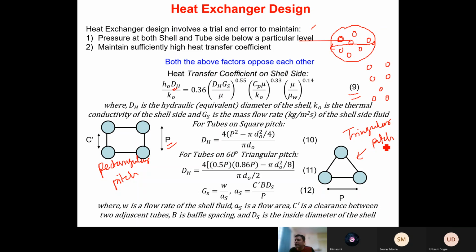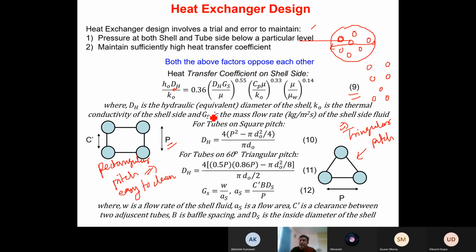One should note here that typically the triangular pitch gives a higher rate of heat transfer compared to the square pitch. In a square pitch, the rate of heat transfer is lower, but it is easy to clean, easy to clean compared to the triangular pitch.